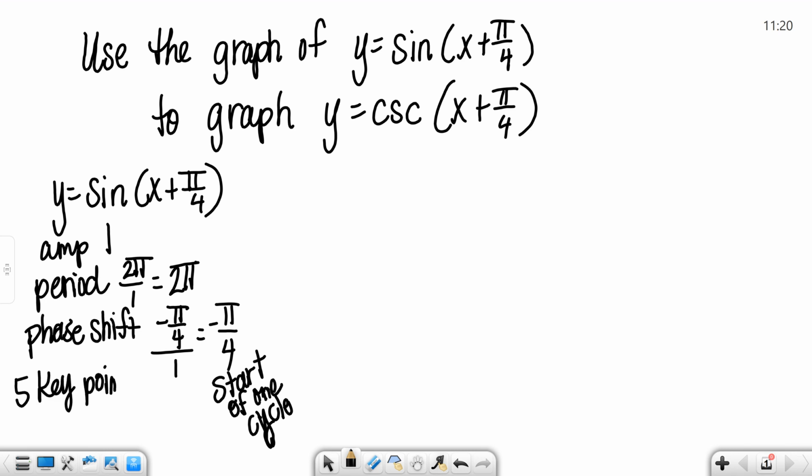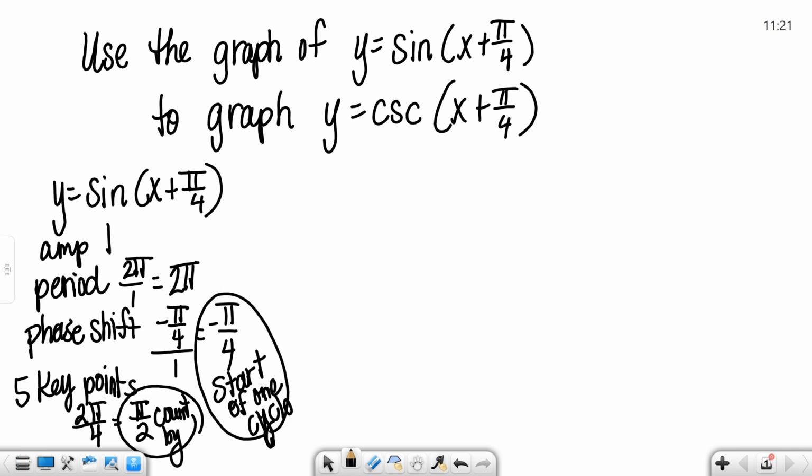If we're starting at negative pi over 4, I need to know what I am going to count by. So I take the period and divide by 4, and I get pi over 2. This is what I'm counting by. I'm starting at negative pi over 4.